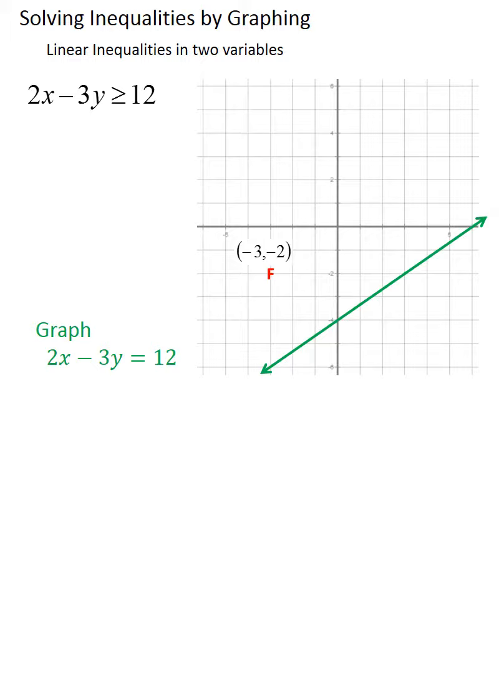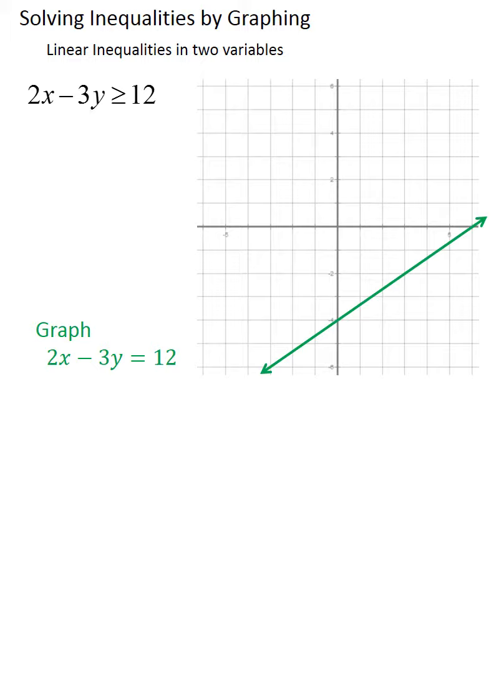Turns out this point is a false point. Or if I picked a point on the other side of the line and plugged that into the inequality, I would get a true statement. So if I picked one point on each side of the line and plugged it into the original inequality, I would know which side was my true and which side was my false, and then I could shade accordingly.